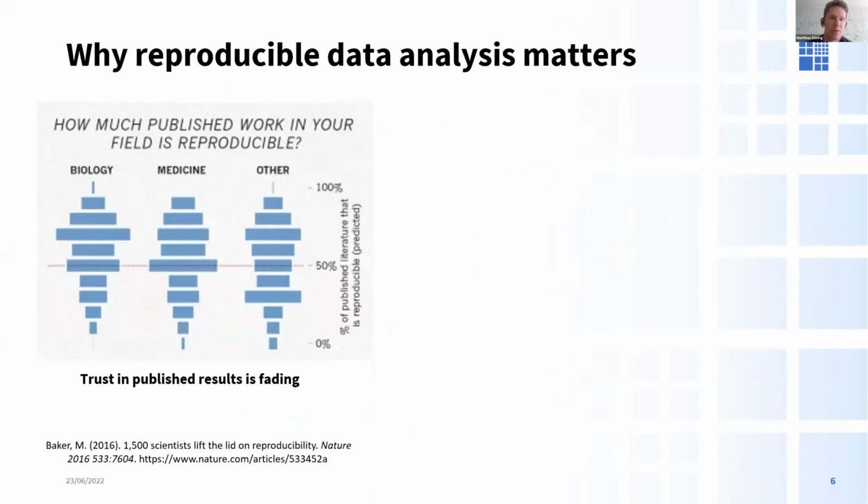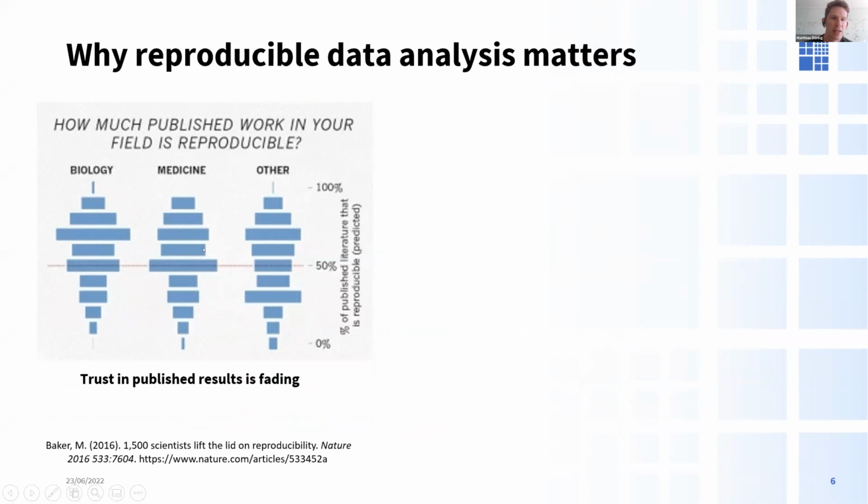When we look at data analysis, one crucial consideration is reproducibility, meaning that if you do the same analysis twice on the same data, it should give the same result. Unfortunately, this is not always true, also in the scientific field. On the left, you can see a chart of the confidence of researchers in their respective fields, such as biology or medicine.